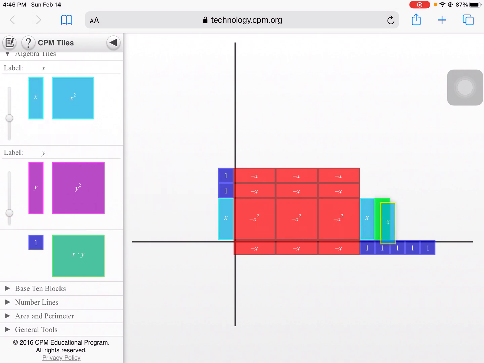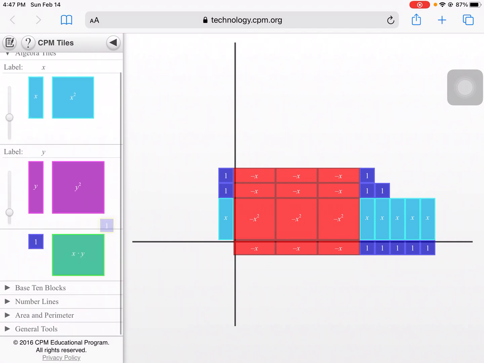Yeah, I think so. And then we need to do the unit tiles. So they're all positive also. So we have 2 along the vertical and 5 along the horizontal, so we should get about 10 of them here. They're all going to be positive, like I said, because the sides are the same.